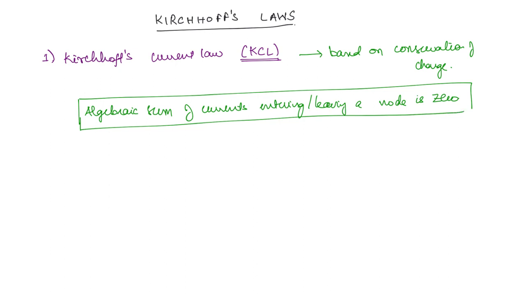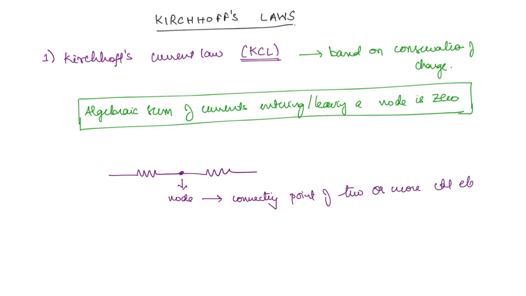Now here we need to understand one term, which is node. What is meant by a node? A node is nothing but a connecting point between two or more circuit elements. For example, here you have a resistor and here another resistor, then this point is the node, because it is connecting two circuit elements.